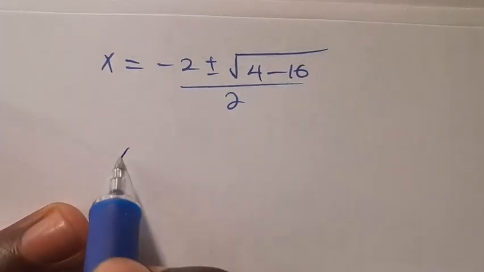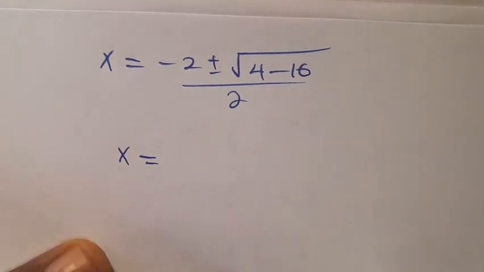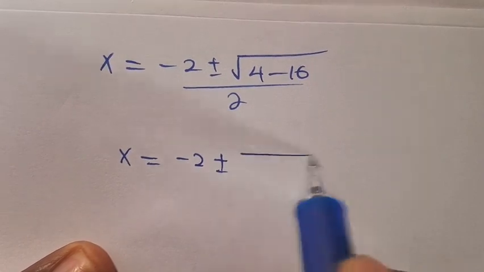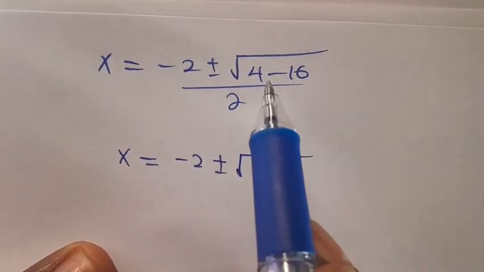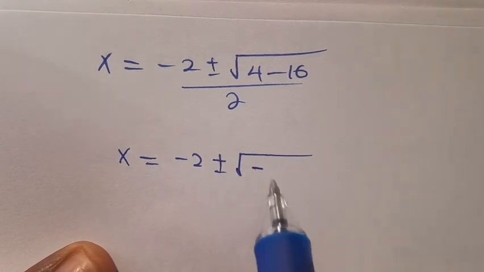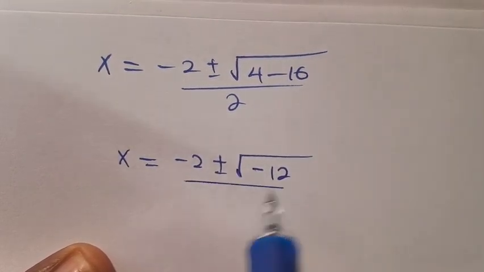So from here we have x equals minus 2 positive or negative square root of minus 12, divided by 2.